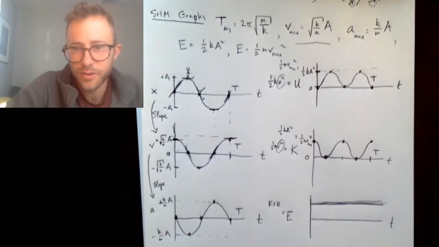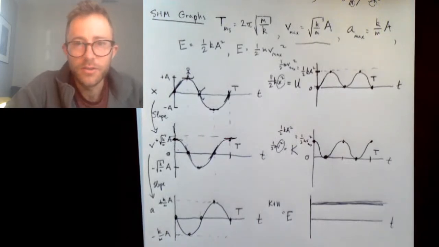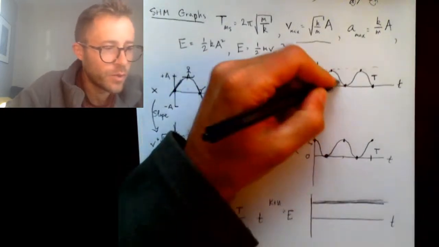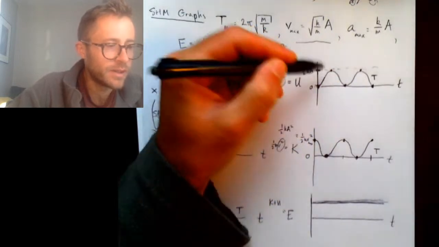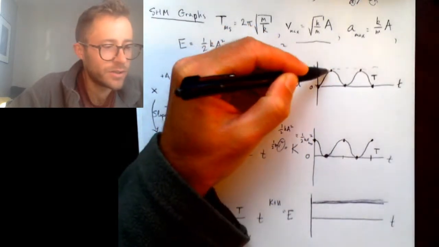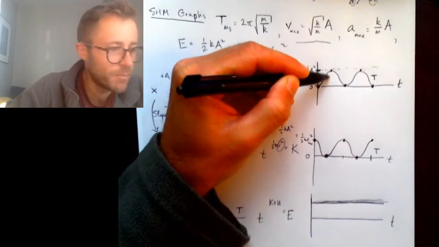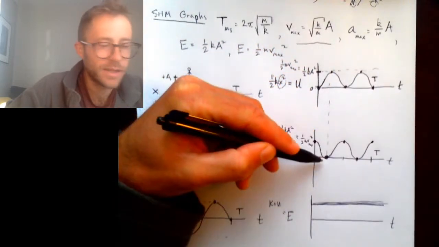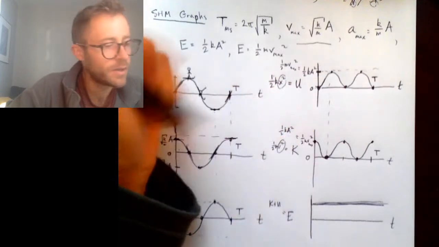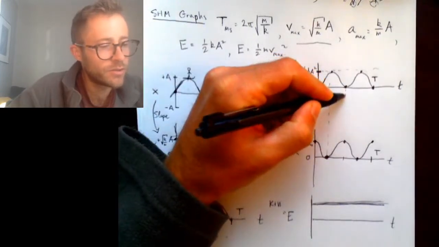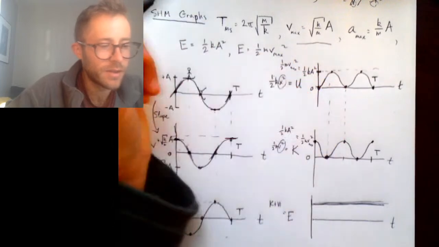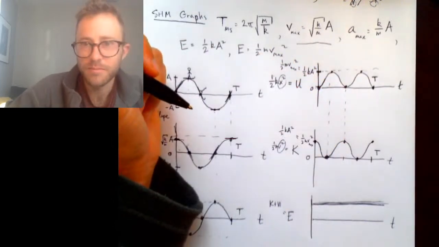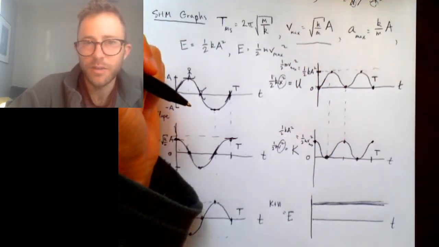Another way we could see that it is going to be a flat graph is by noticing that when the potential energy is high, at that same moment, the kinetic energy is low. When the potential energy is low, the kinetic energy is high at that same moment.